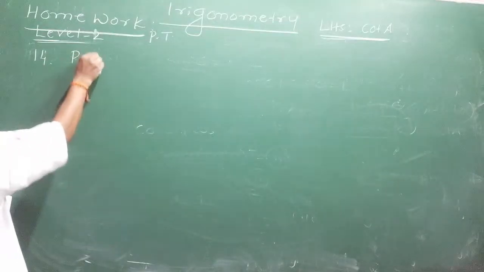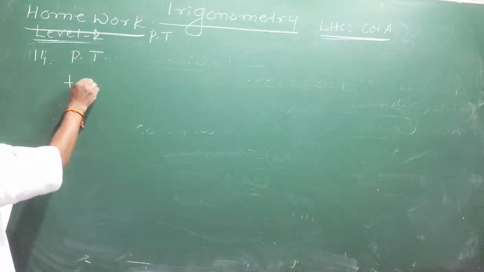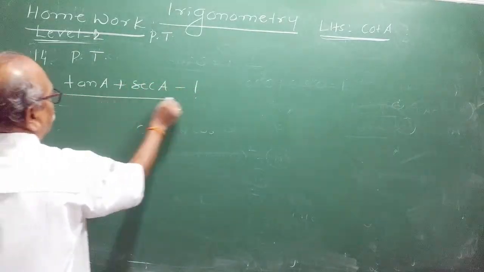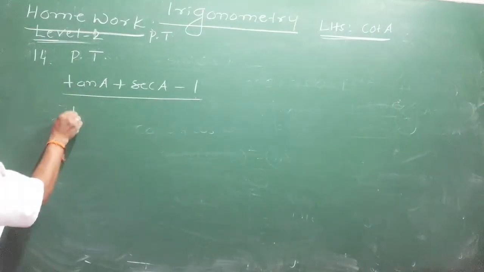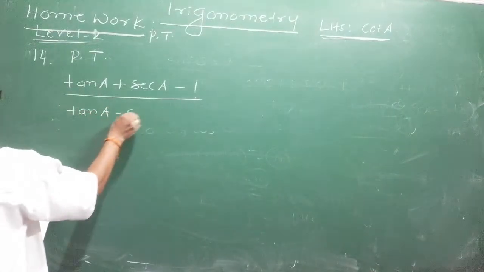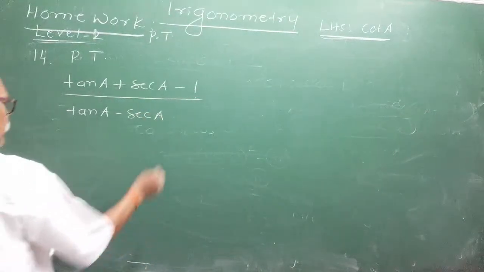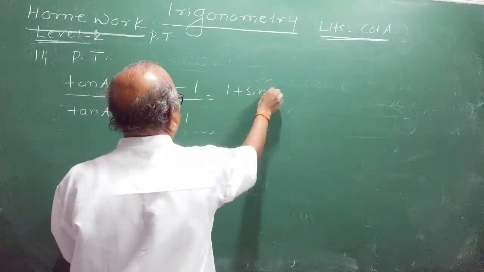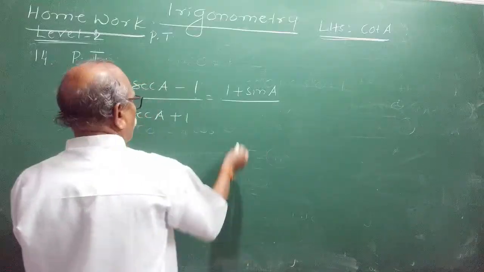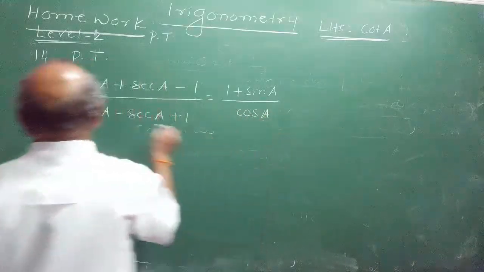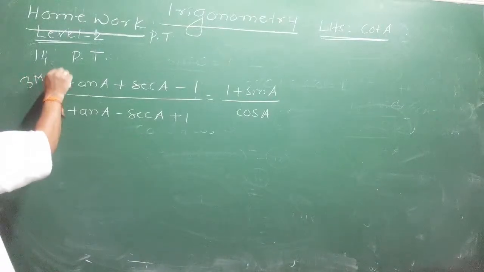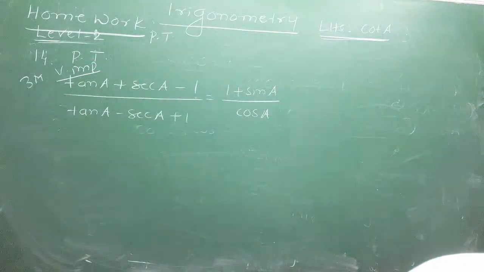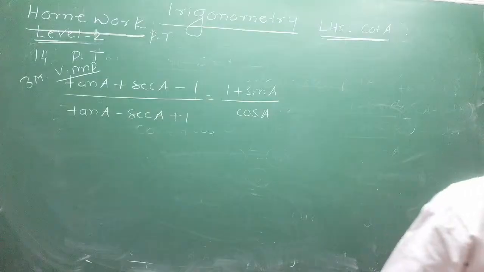Prove that tan A plus sec A minus 1 divided by tan A minus sec A plus 1 is equal to 1 plus sin A divided by cos A. Good question for 3 marks and very important. Number of times I have seen this problem in the exam. Many students couldn't solve it because it needs some careful tricks.